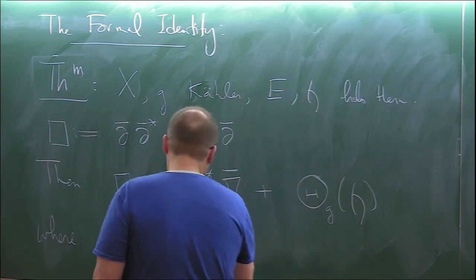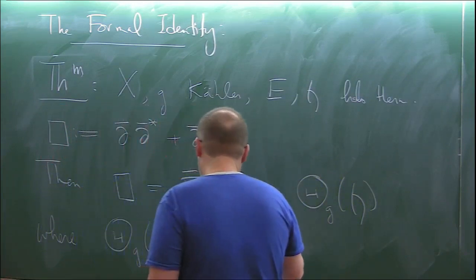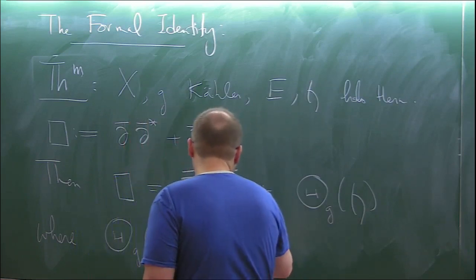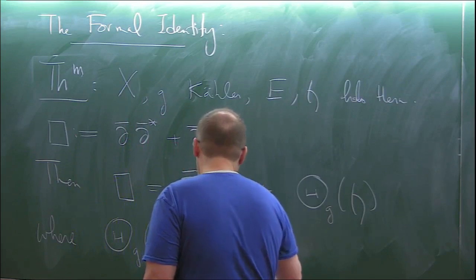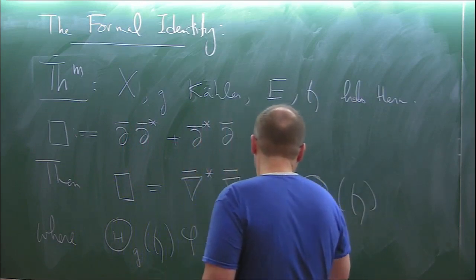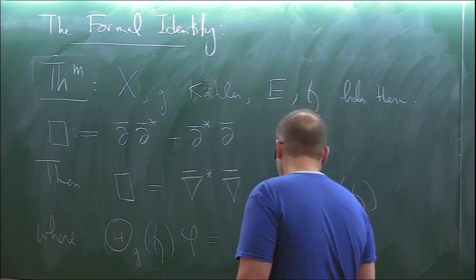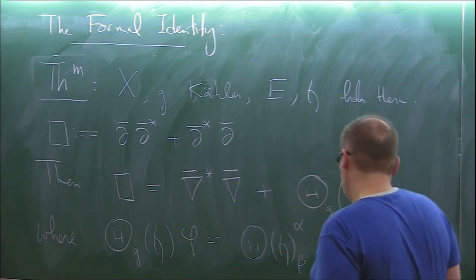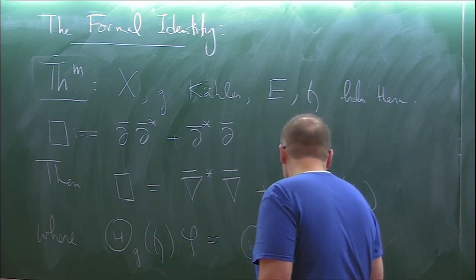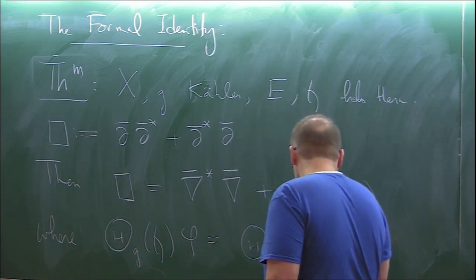So remember the curvature, I'll write it as theta of H, but it's a matrix of (1,1) forms, J K bar.